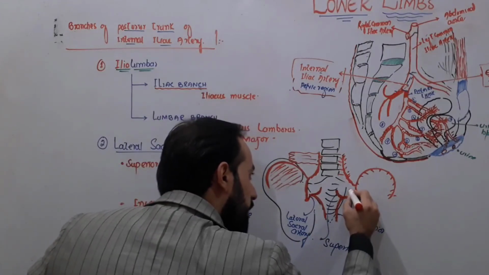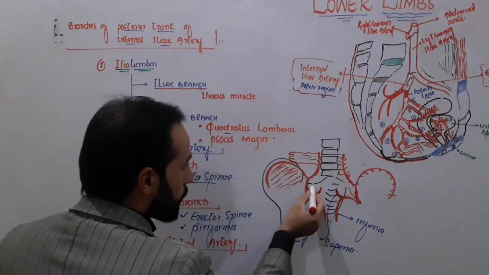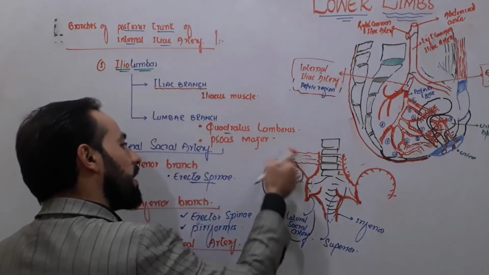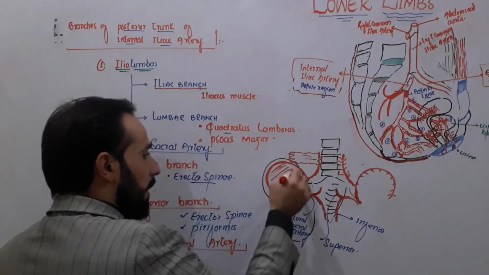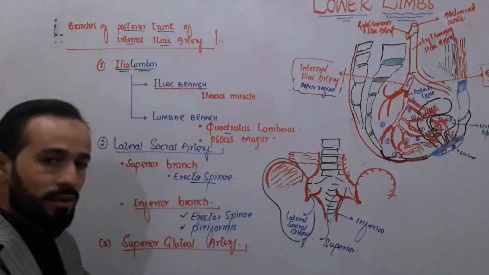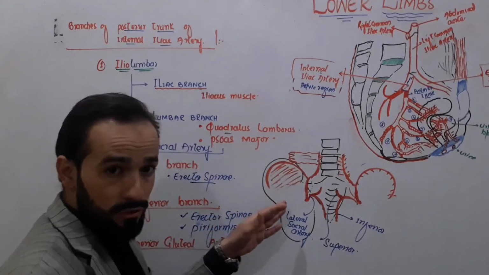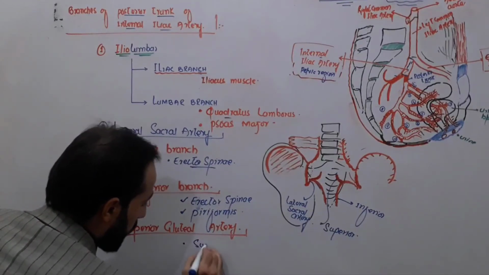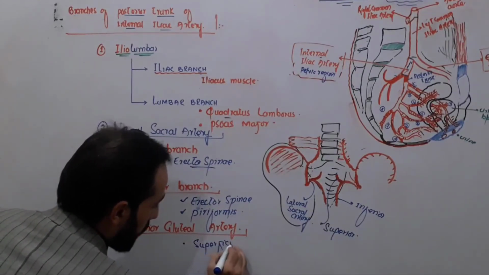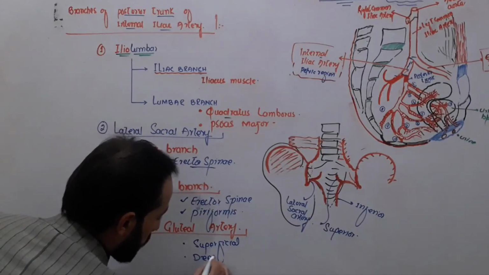It goes posteriorly to the back of this iliac bone, to the posterior side of this iliac bone, and it then divides into superficial and deep branches. Let me write here, it gives superficial and deep branches.